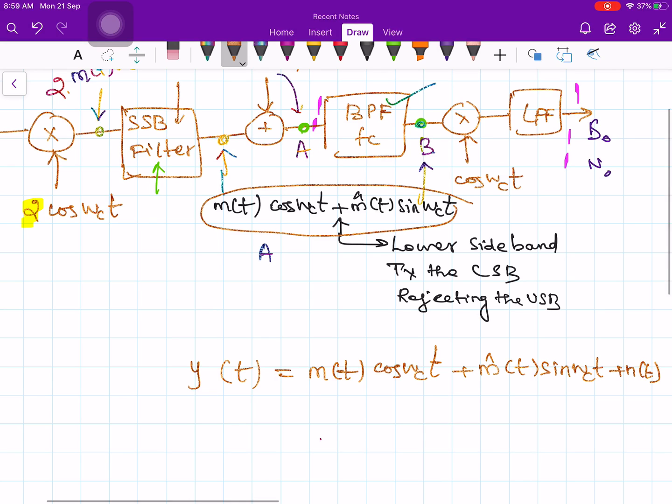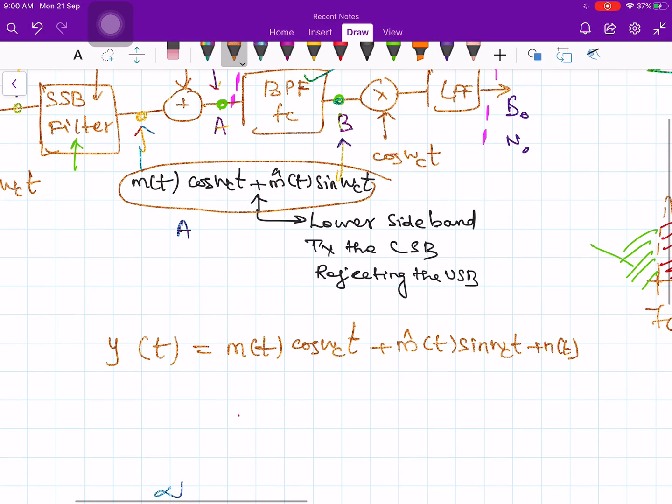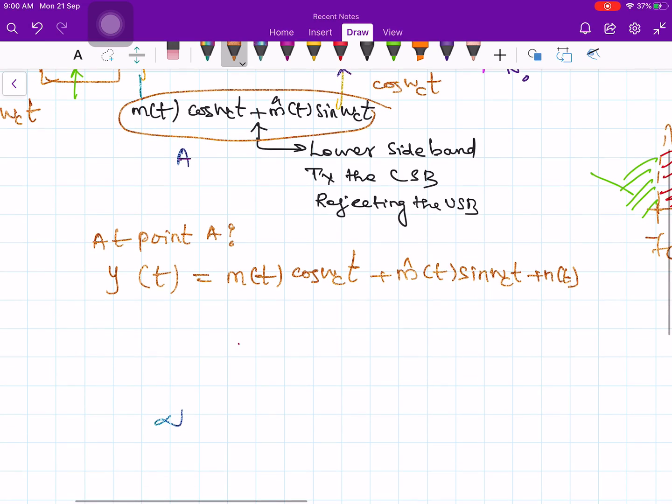This is my signal before the band pass filter at point A. Is that okay? Fine.